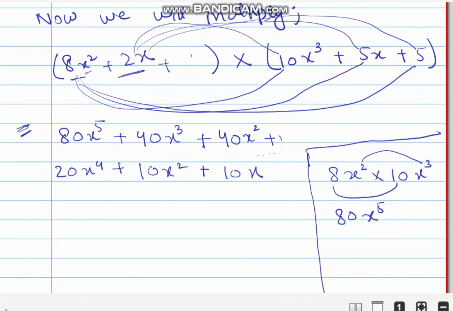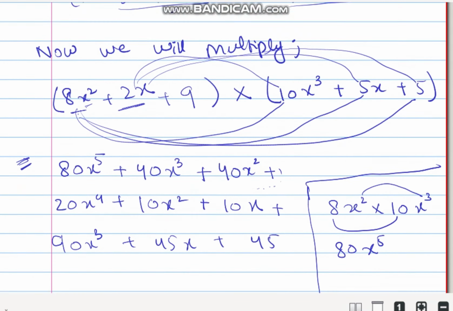The process is again the same. Please multiply the 9 with all the terms present. We get 90x cube, and 5 multiplied by 9 is 45x, and 9 multiplied by 5 is 45.